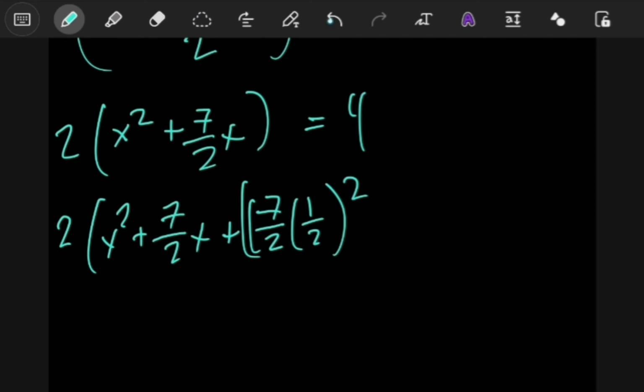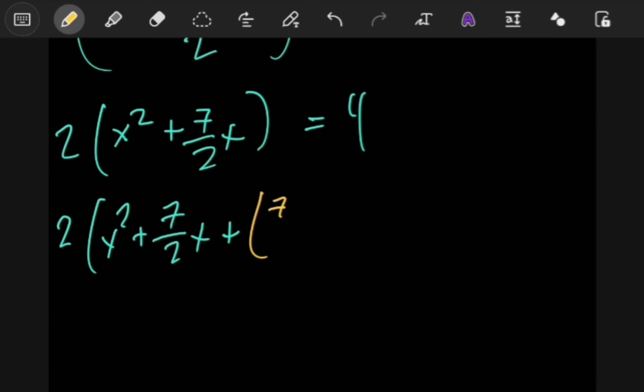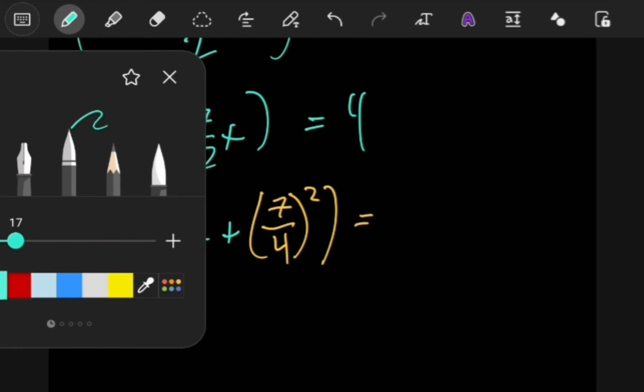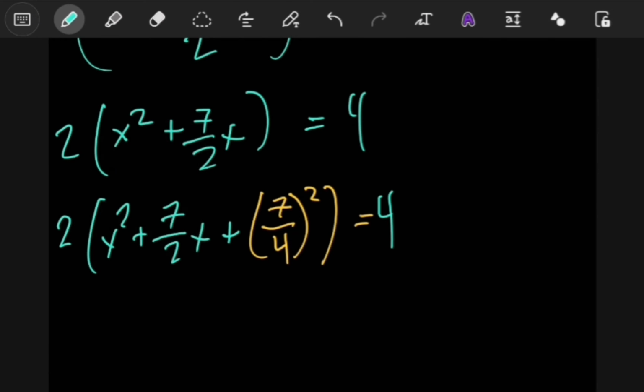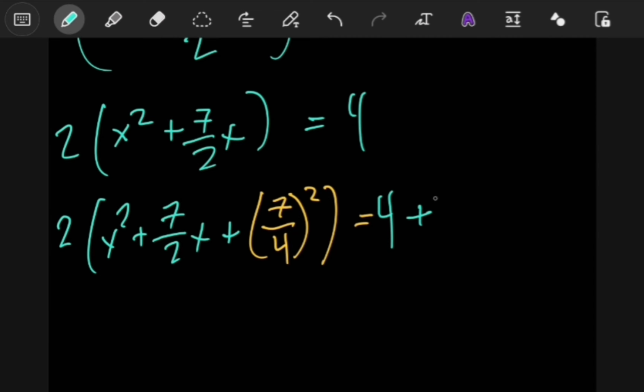Okay, I'm gonna use a different color so that it is not confusing. So 7 fourths. So I just simplified the whole thing. So we have equals 4 plus 2.